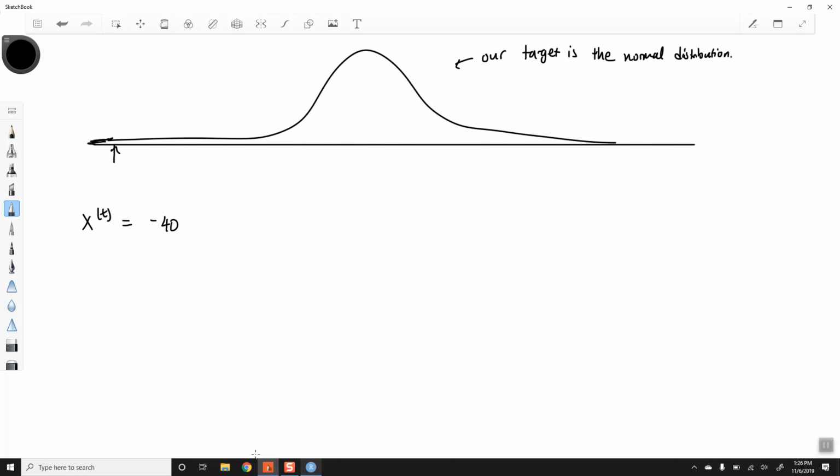If we were doing plain old rejection sampling, anytime we propose a value, we'd just reject it, because you should never be getting values like -40 from the normal distribution. But here's the thing: at x at time t, we will just generate some kind of proposal. Let's say we'll use a uniform proposal.